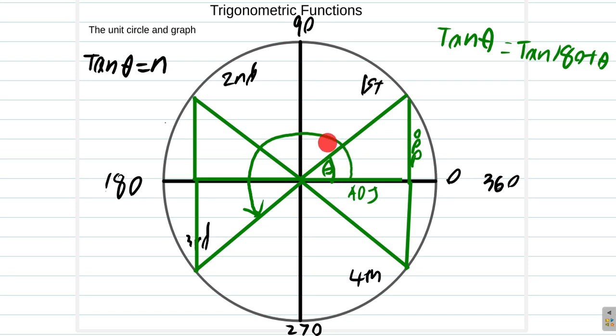And when you find the tan of the angle 180 plus the same theta here, you get a positive value. If you find it at 180 minus theta, that's in the second quadrant, it's going to be negative. If you find the angle 360 minus theta, that's in the fourth quadrant, it's going to be negative. So, want to try? We'll do that, and then we later on will come to using the graph of tan theta.